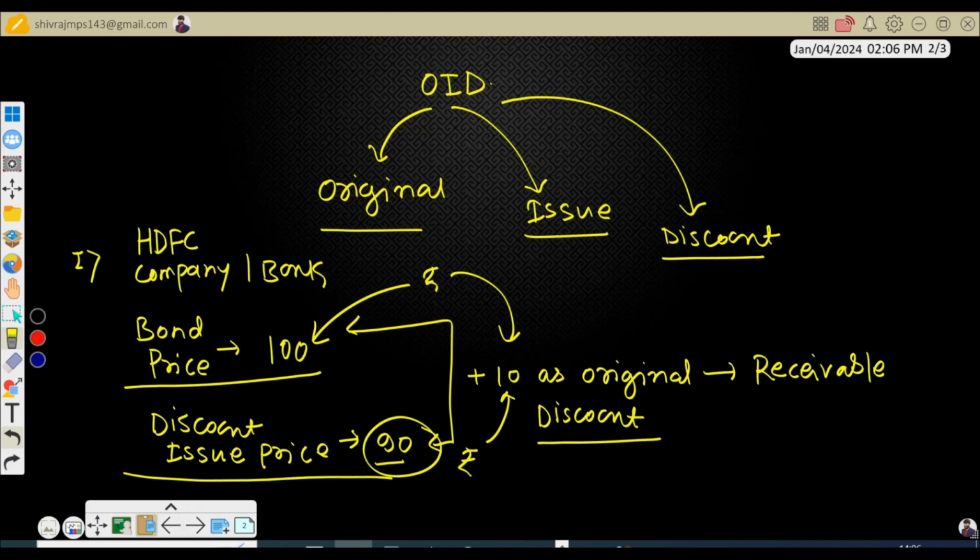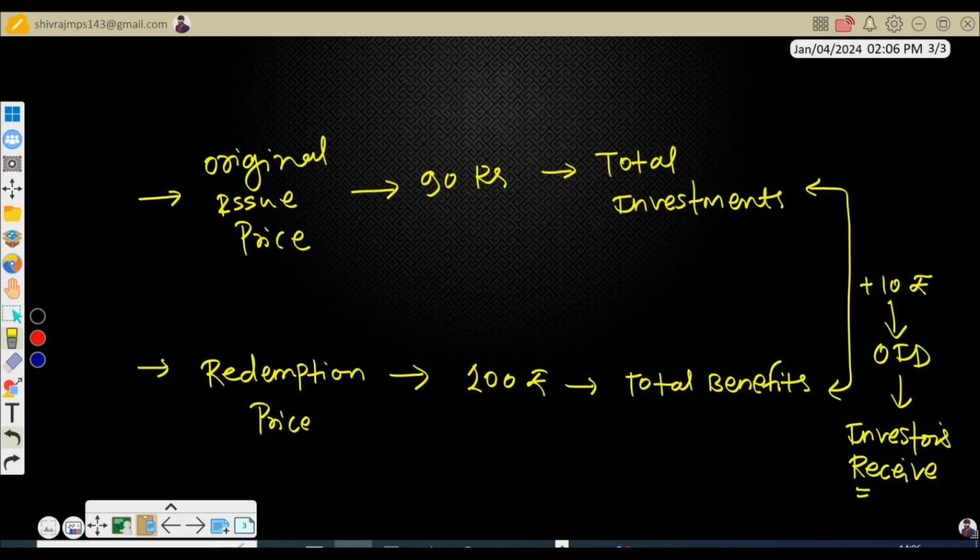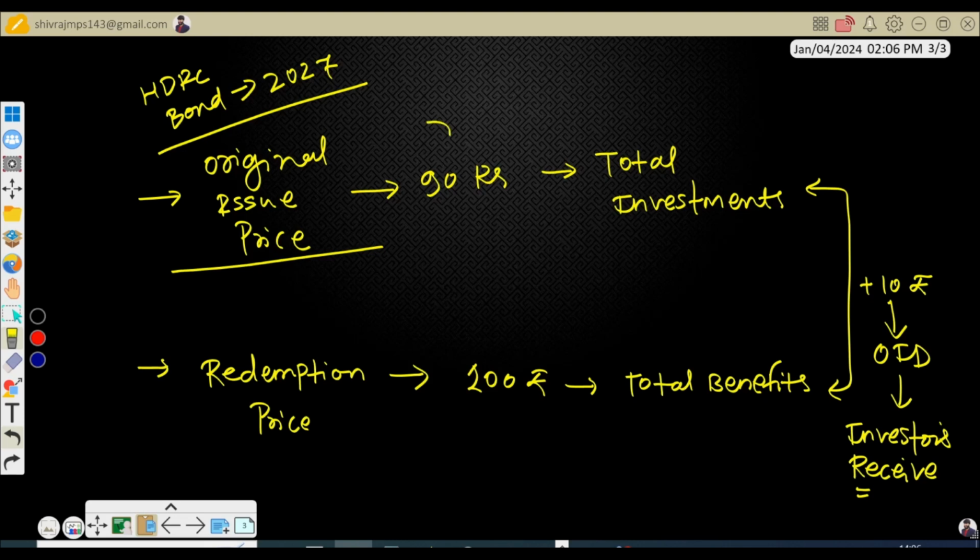Now, let's take the example. Let's say the original issue price of an HDFC bond, which will mature in 2027. You have paid as an investment 90 rupees per bond, and you have acquired assets in your portfolio.